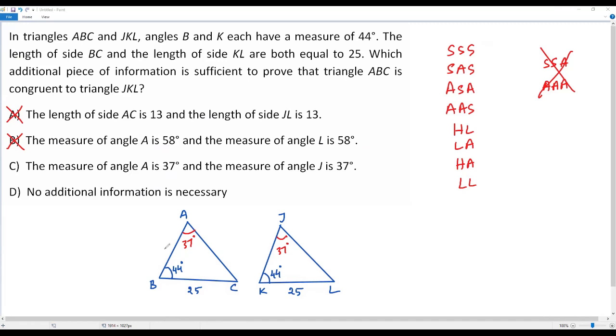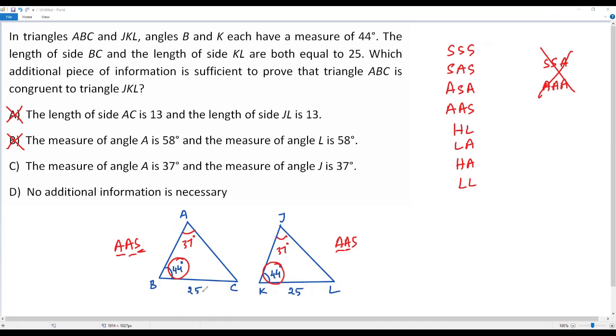Let's consider the order in which we have these in the first triangle: angle, side. Let me write it over here, angle, side. Now the order in the second triangle is also angle, side. Here we have 37 degrees as the first angle. In the second triangle also we have the same 37 degrees as the first angle. The second interior angle is 44 degrees, and in the second triangle also the second interior angle is 44 degrees.